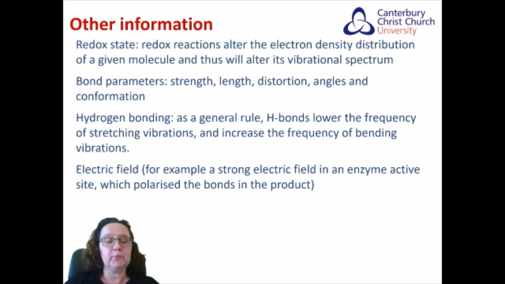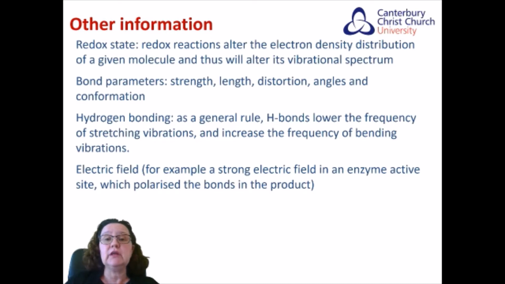You can obtain information about the redox state of the protein because you are altering the electronic distribution of the protein, and then that alters its vibrational spectrum, which is what the infrared spectrometer detects. You can look at bond parameters: the strength, length, the distortion, angles, the conformation of those bonds.